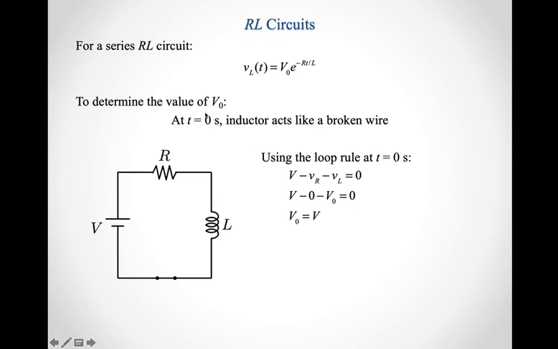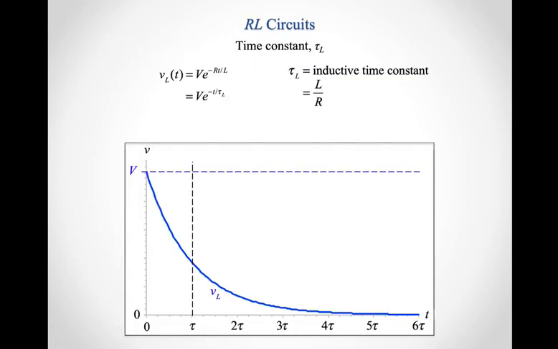So I can plug that in, and what I get is the voltage of the inductor as a function of time is equal to the voltage of the battery times my exponential decay, e to the minus Rt over L. Again, I can plot that out. And what I also recognize is that I can pay attention to what's going on in that exponential decay term by combining L over R into what's known as the inductive time constant.